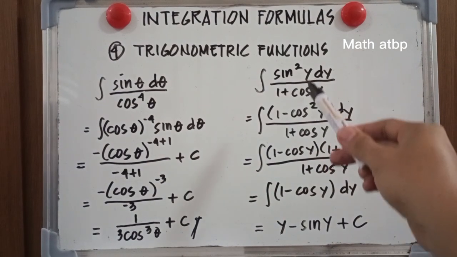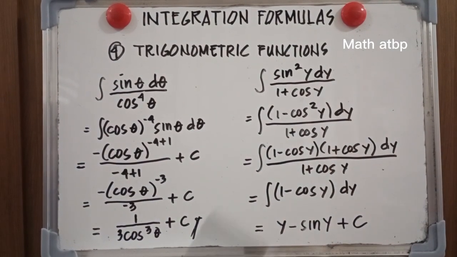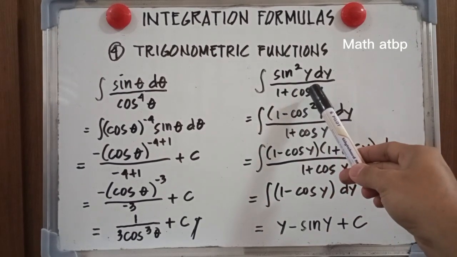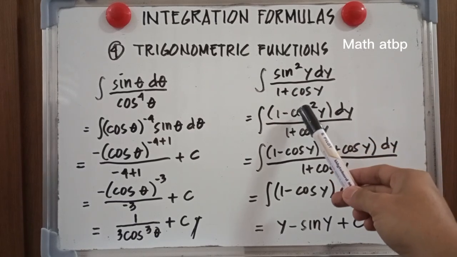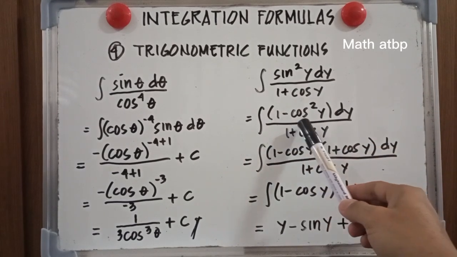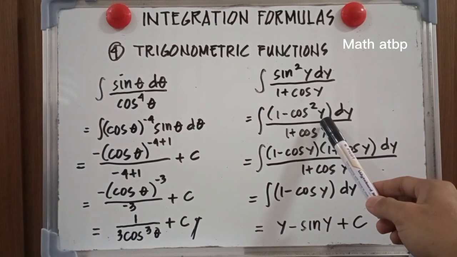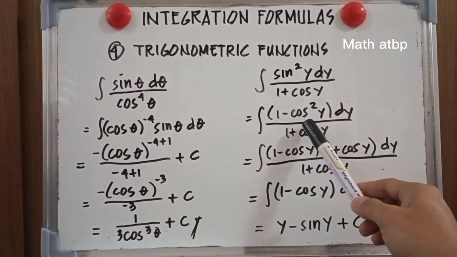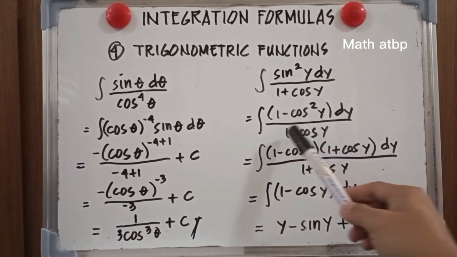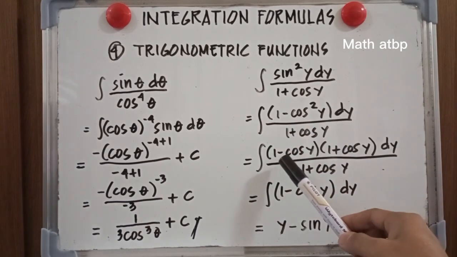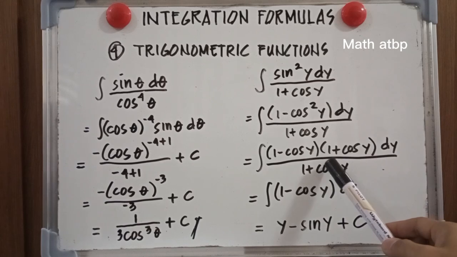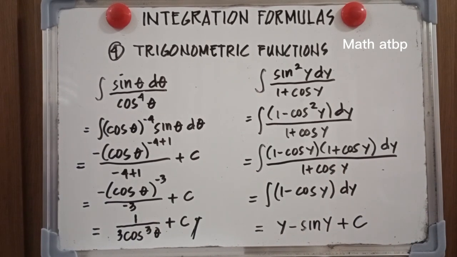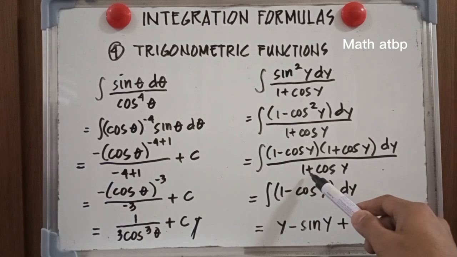Next, we have here sine squared y dy divided by 1 plus cosine y. And sine squared y in trigonometry has an identity equivalent to 1 minus cosine squared of y. Okay? So, we may rewrite sine squared of y as 1 minus cosine squared of y. Okay? But 1 minus cosine squared of y is 1 minus cosine y times 1 plus cosine y. We have here 1 plus cosine y on the numerator, and we have here 1 plus cosine y in the denominator.